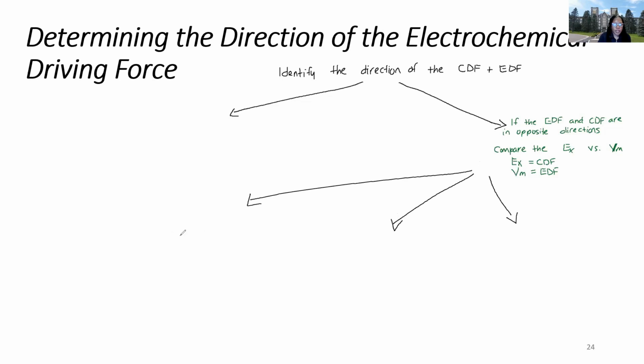The first one is if the equilibrium potential is greater than the membrane potential.